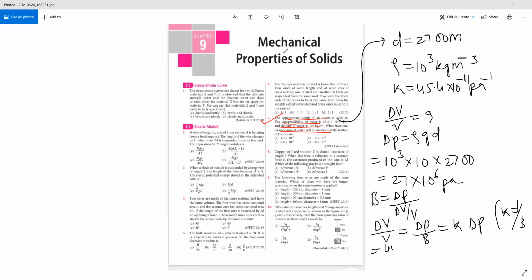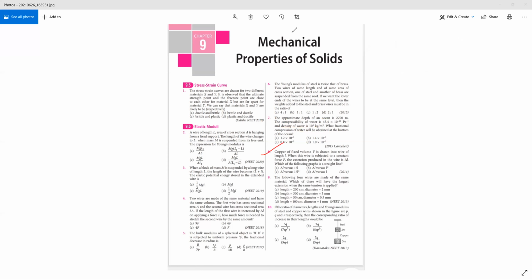So substitute all the values, 45.4 into 10 to the power of minus 11 into 27 into 10 to the power of 6 is equal to 1.2 into 10 to the power of minus 2 we are getting. Therefore, for seventh one, eighth one is the right answer.